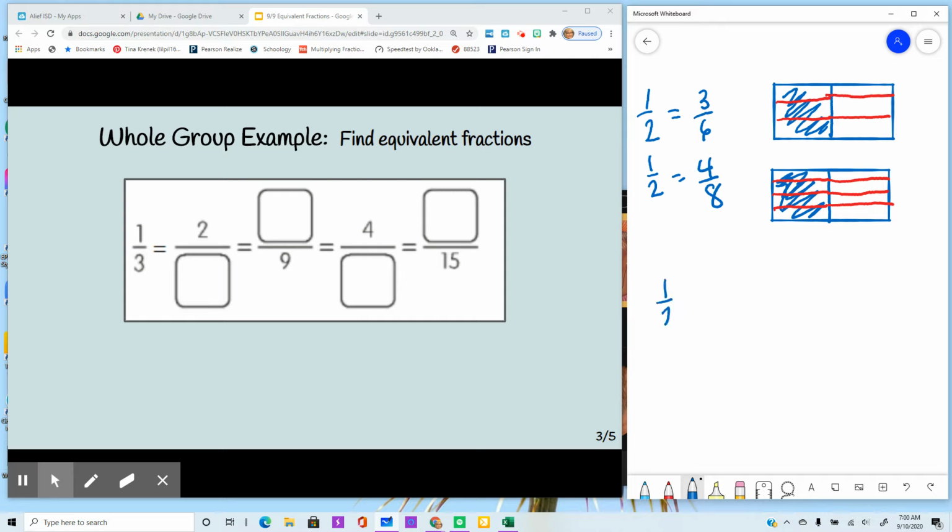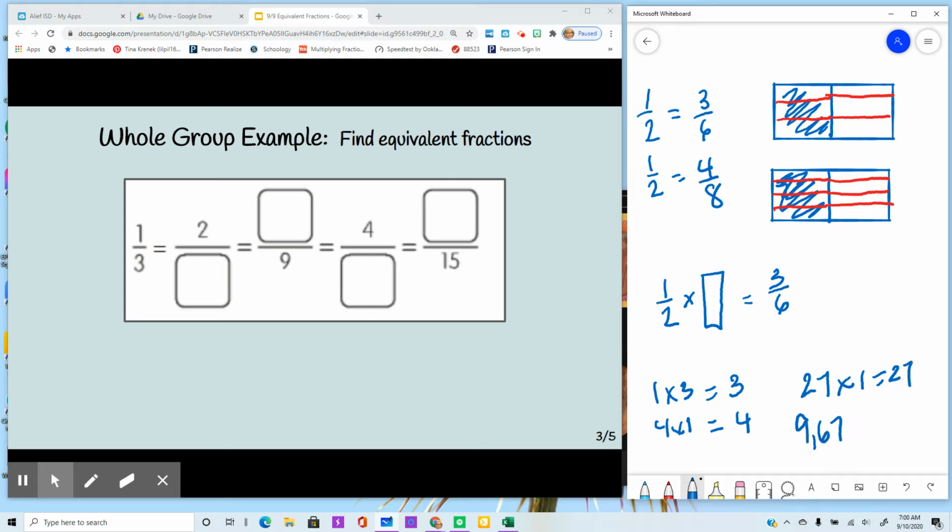So 1/2 times some number equals 3/6. So if you remember when you first learned to multiply, we would say 1 times 3 equals 3. 4 times 1 equals 4. 27 times 1 equals 27. 9,672 times 1 equals 9,672.